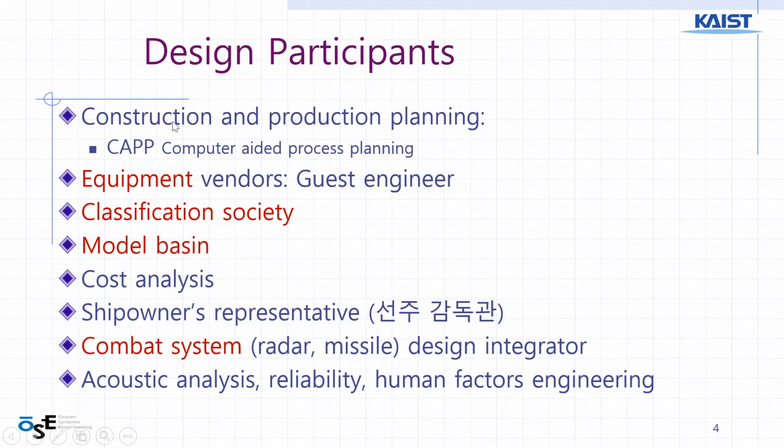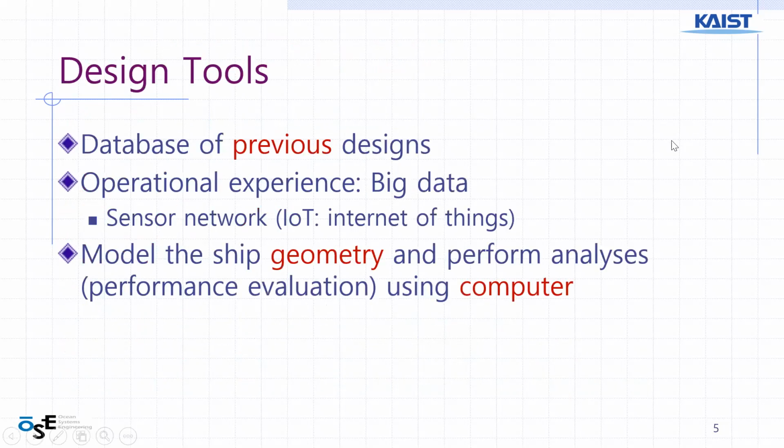Altogether, it should be construction and production planning. You need a schedule to build a house, to build a ship. And design tools: what kind of method you are using. There is a database of previous designs.